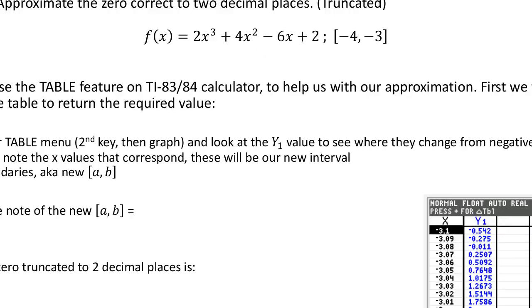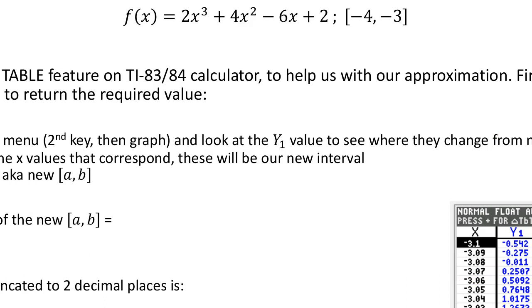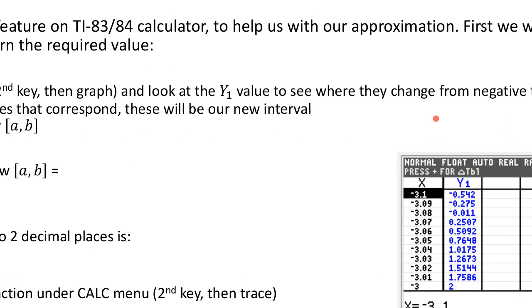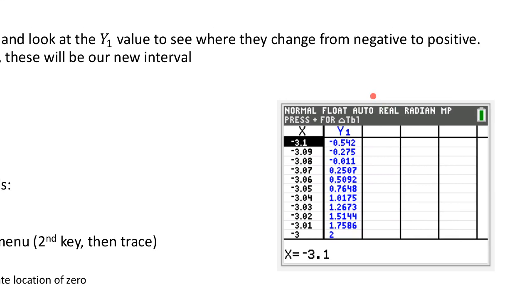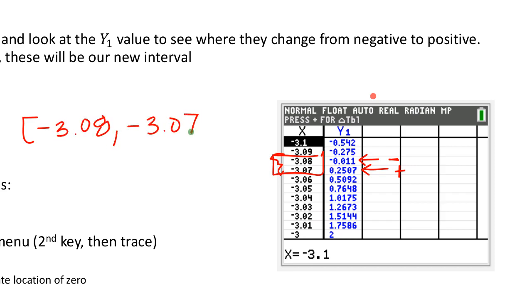I'm going to zoom in a little to make it easier to distinguish. So where did my function values change? My function was negative here, and then it changed to positive right here. So we are interested in the interval between negative 3.08 and negative 3.07.